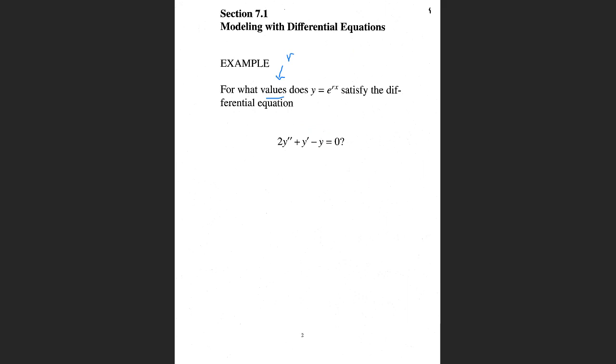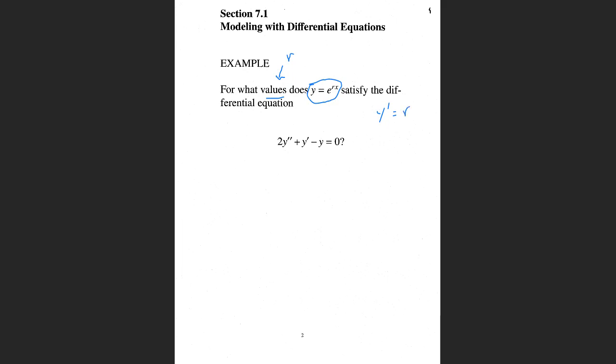And so what we need to do is, if y equals e to the rx power, what would y prime equal? They're demanding that y equals e to the rx power. What would y prime be by the chain rule?